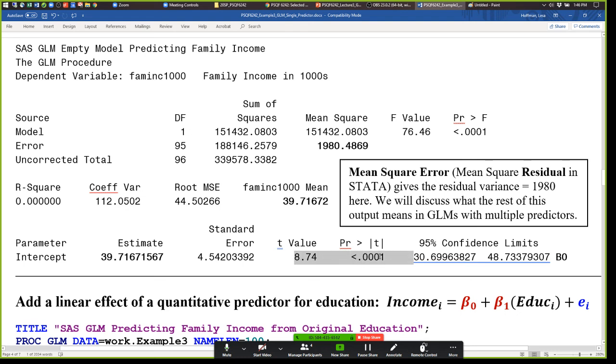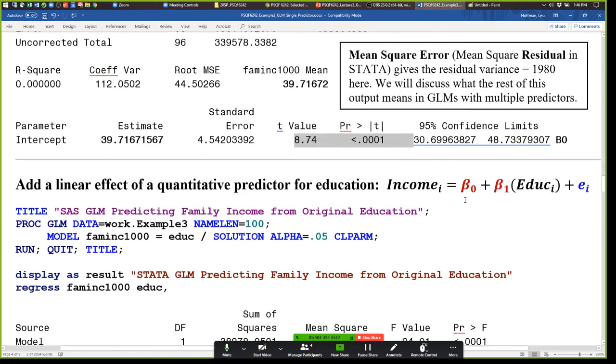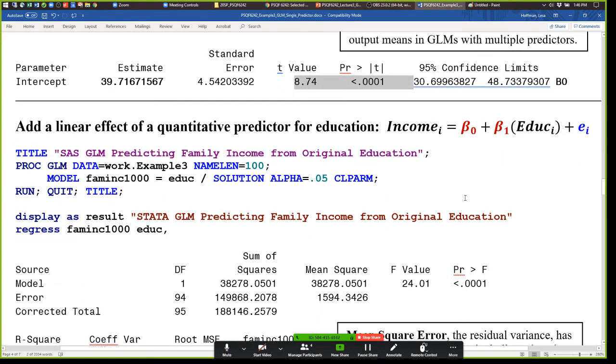Now let me ask you, do I care about this? Do I care that my intercept is different than 0? It depends on if we manipulated the data to make it 0.